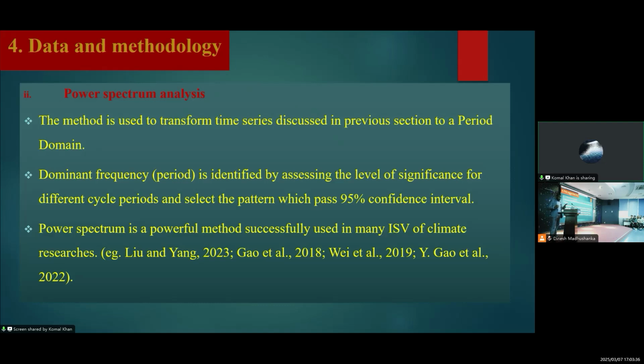We can use the power spectrum to see which component is dominant in our time series. This method is used to transform the time series discussed in the previous section to a periodic domain. Then this domain is examined by assessing the level of significance for different cycle periods and selecting the patterns which pass the 95 percent confidence interval.